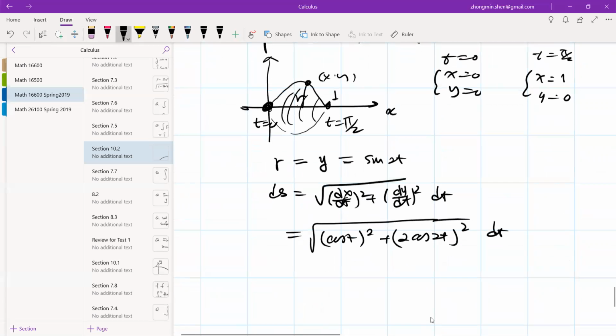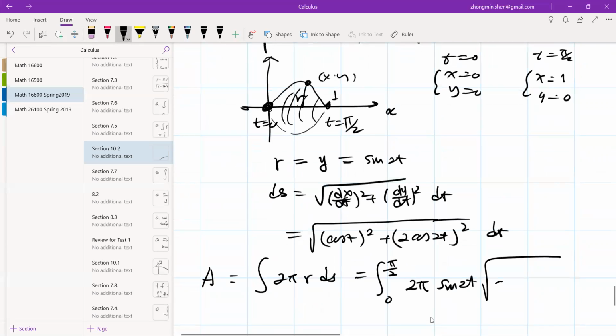The area is going to be, first of all, you write down 2 pi r ds. Next, you put the limits here, 0 to pi over 2, 2 pi, what is r? Sine 2t. What is ds? You write down all the details here: the square root of cosine squared t plus 4 cosine squared 2t, dt. So this is the integral.